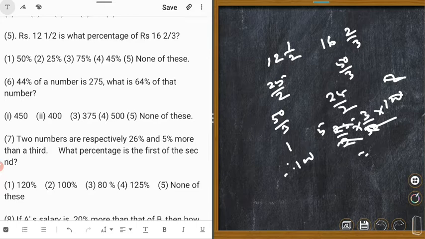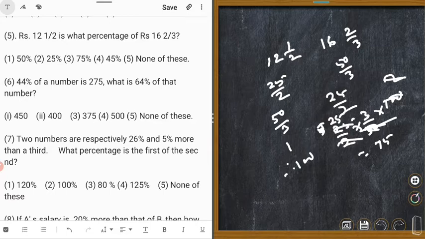We made a mistake. Okay, we shall do it again. 75% is 3 upon 4. By mistake, we divided by 25, 5, 5. Actually, there was no 5.